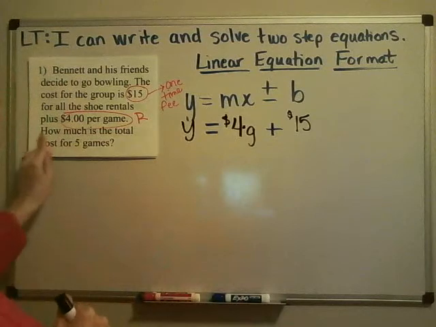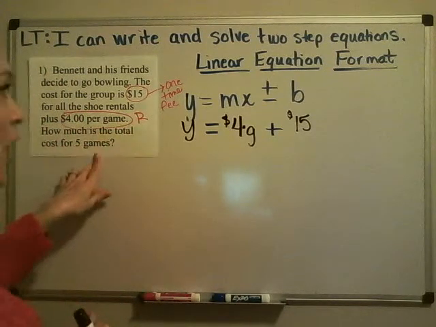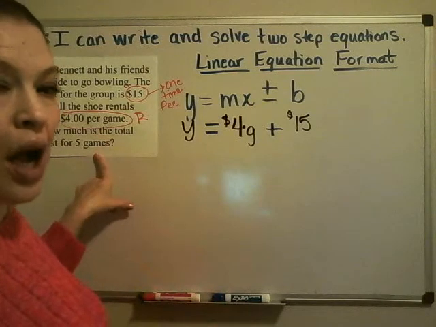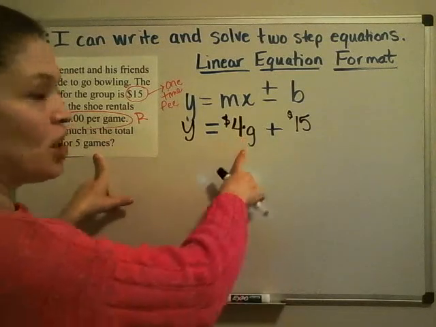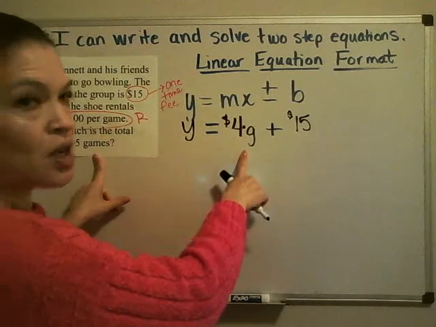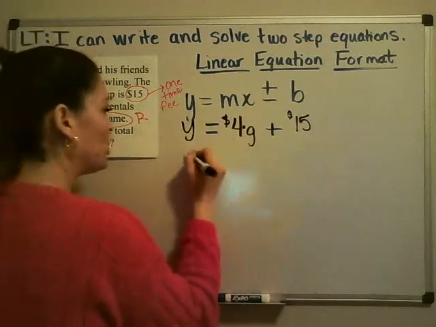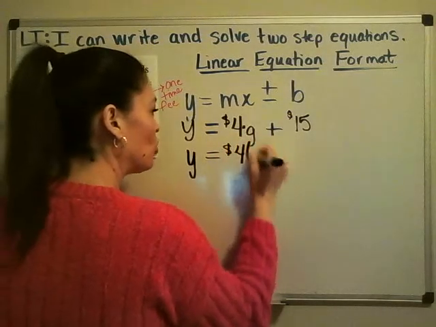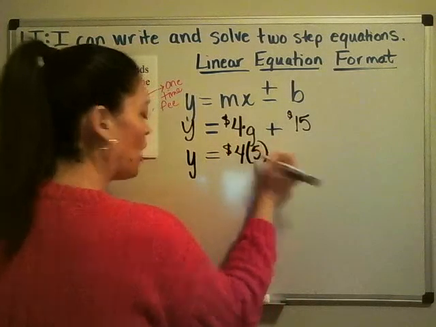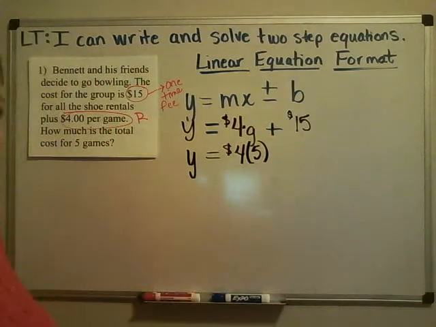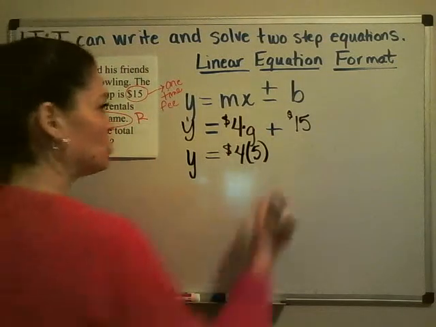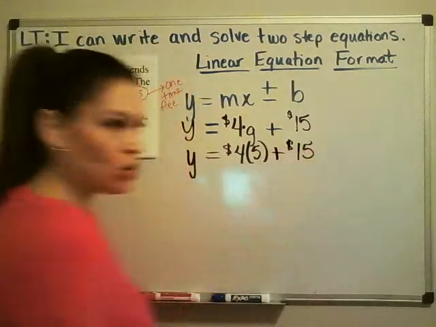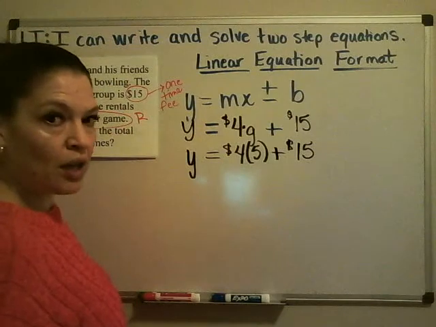All right, so it says how much is the total cost for 5 games? I want to know how much it's going to cost for 5 games. So I hope that you're thinking that this G can be replaced. So underneath it, I'm going to write Y equals $4. I'm going to replace G with the 5 games that we want to figure out, plus our $15 shoe rental. Okay?